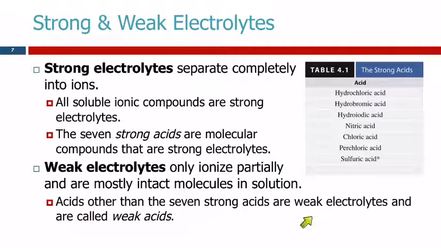So these are called weak acids. Any acid other than those 7 is a weak acid. They ionize a little bit, but not completely. They're actually present mostly as intact molecules. They're still considered an acid, though, because they do produce some hydrogen ions in solution.